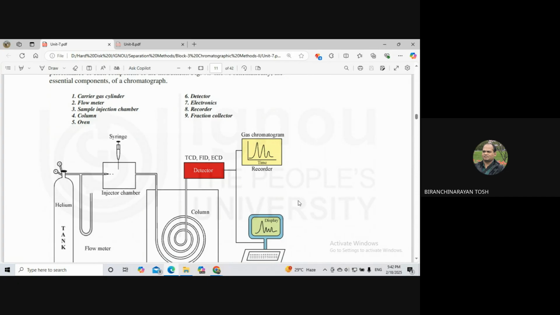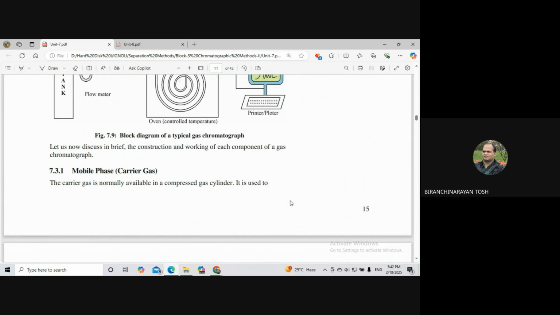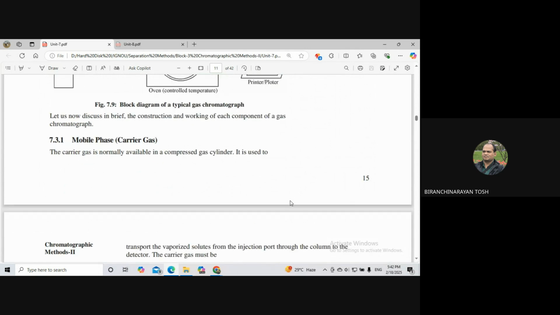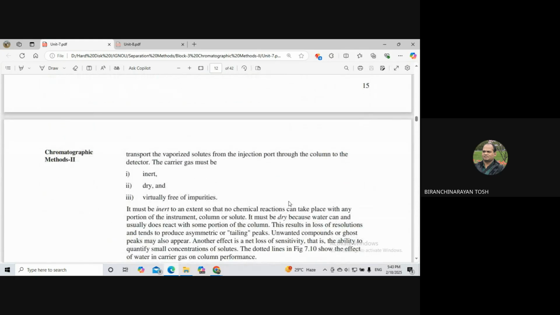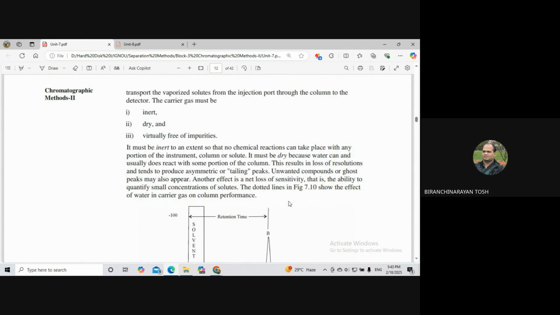These are the different parts of the instrumentation process. Here the mobile phase is the carrier gas. The carrier gas is normally available in a compressed gas cylinder. It is used to transport the vaporized solutes from the injection port through the column to the detector.